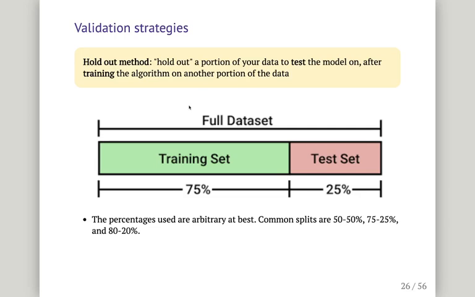So we would use this training set to build our model, estimate the parameters, and then use this testing data set of held back observations to get an idea of how we're actually doing, so how our model is performing. The percentages that we're using here for this training and testing data set, there's really no right answer as to what is the best amount of data to hold back.